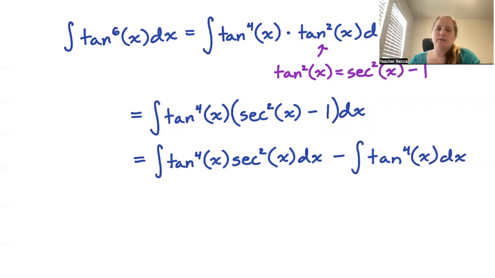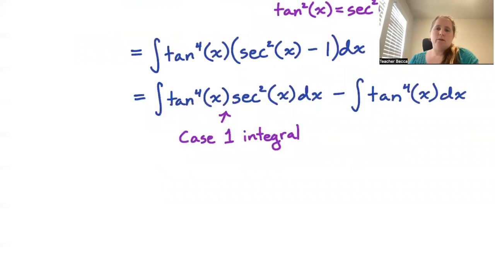This integral of tangent to the fourth x times secant squared x dx is actually a case 1 integral that is already perfectly set up for u substitution. So for that one, we can do u equals tangent, then du is that secant squared dx, and we're ready to go. This integral of tangent to the fourth x dx is another case 4 integral with a lower power.